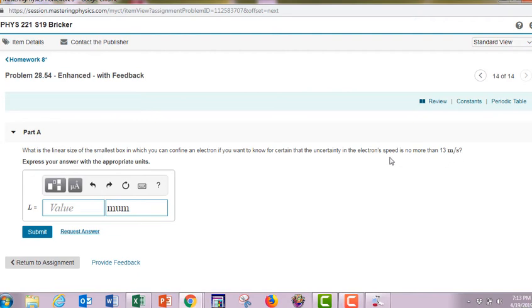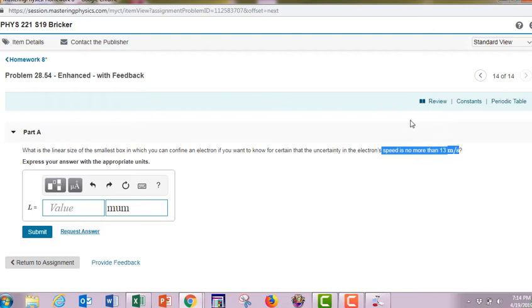What is the associated uncertainty in the position? You can't know the speed and the position exactly. You can confine it to a certain region of speed, and associated with that will be an uncertainty in the position, and that's what we're trying to figure out.